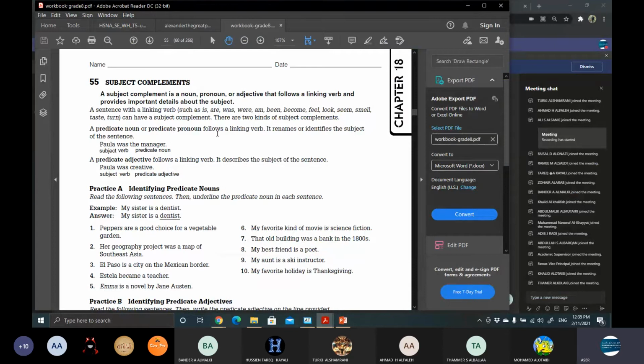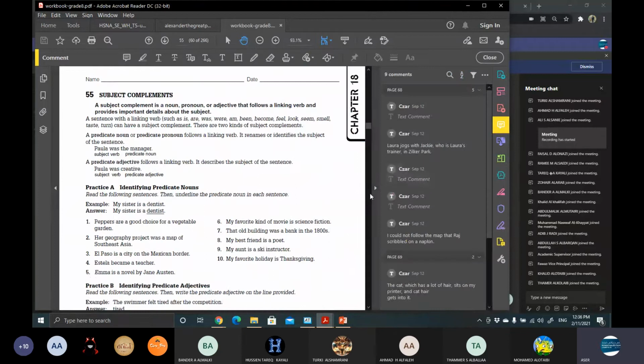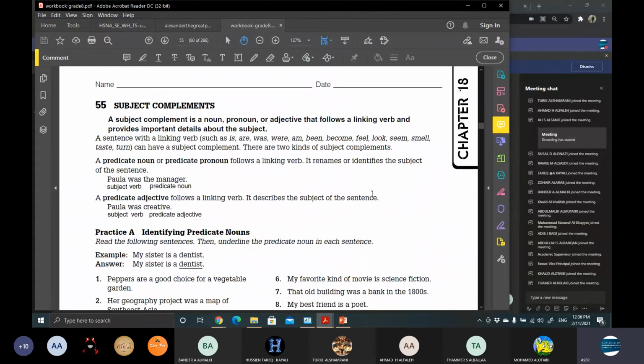Okay, guys, I believe there was a problem on page number 55. Some of you did not understand the subject complement, so we will just revise them today. So please open your books to page 55, so that we can revise them quickly. Khaled and Muhammad Al-Ataibi and also Hussein will be excellent at that lesson because of their presentation.